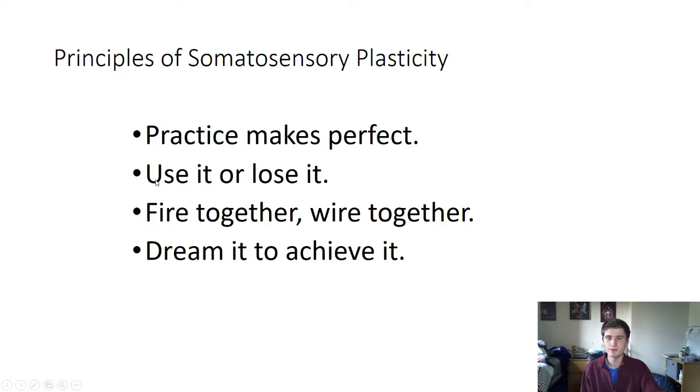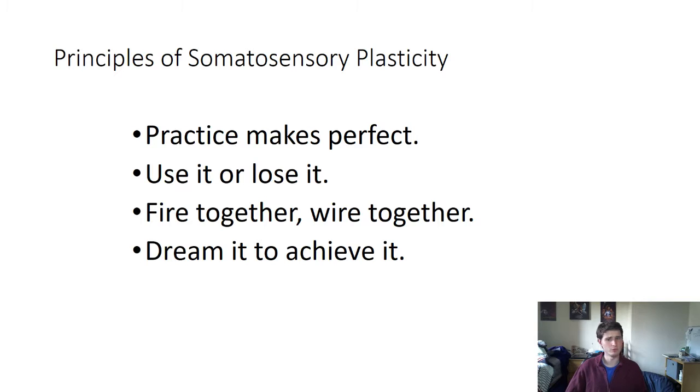Use it or lose it is this idea that if you're not using a particular part of your cortex, it won't be practiced. So if you think about old people having really, really bad falls, well, they don't fall very often anymore. They're not used to falling, so their falls are a lot worse because they've lost the ability to safely fall.